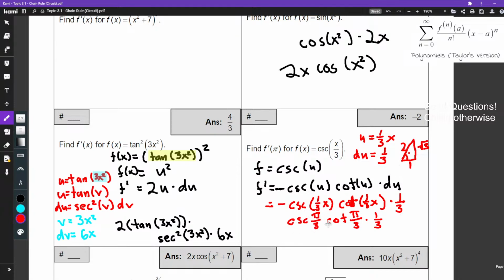Cosecant is 1 over sine. Wait, cosecant. Yeah, it's 1 over sine. Oh. Okay, that's why I got it wrong in class. Cosecant is 1 over sine of pi over 3.